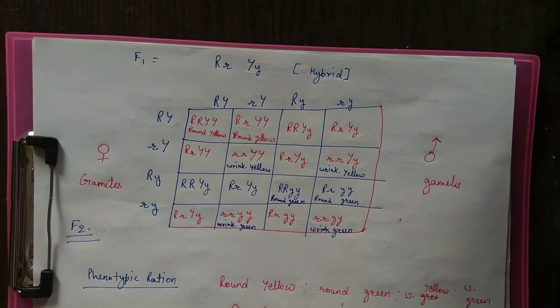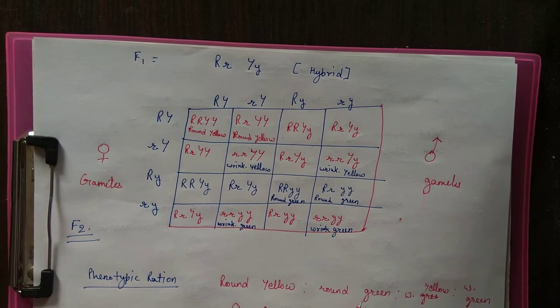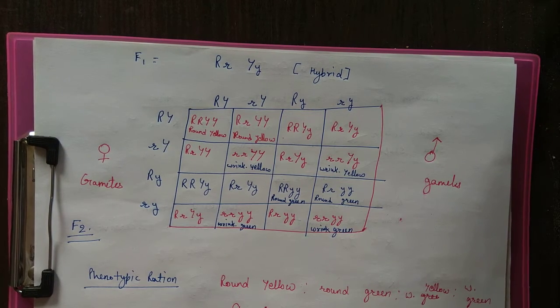Round and green, in which the genes are recessive in the color and the shape is dominant. So this is our round and green.